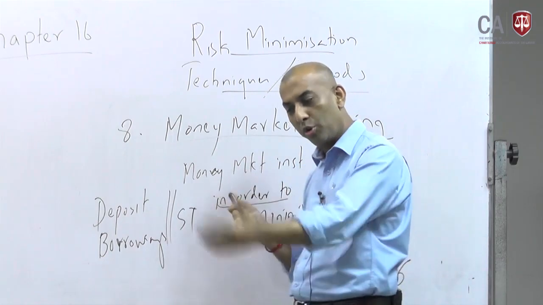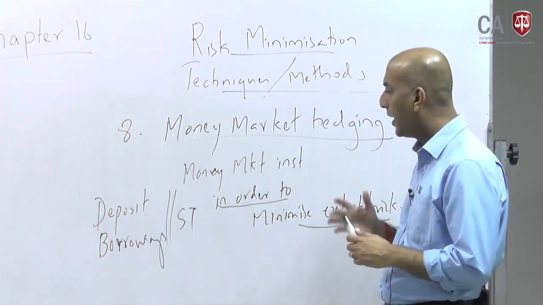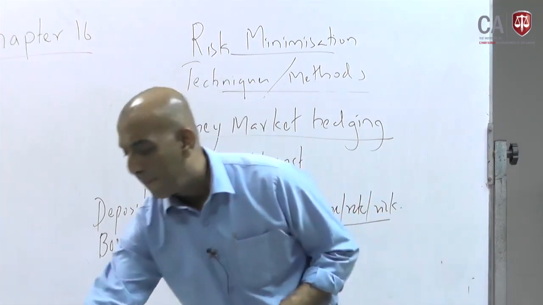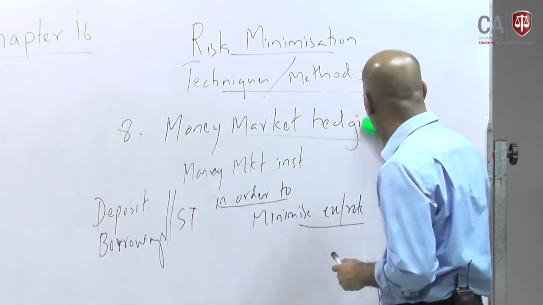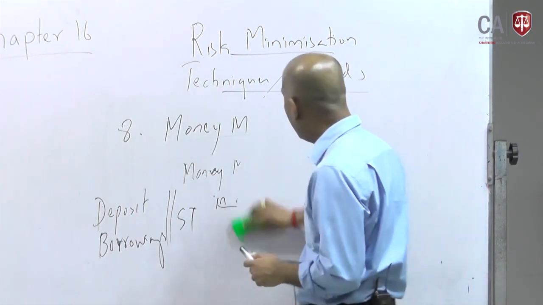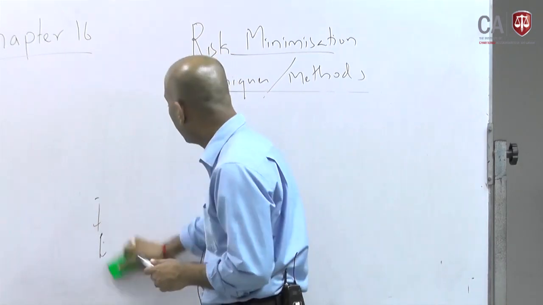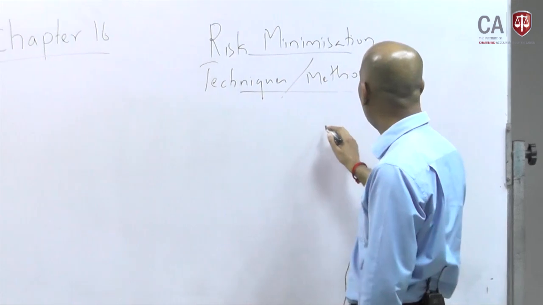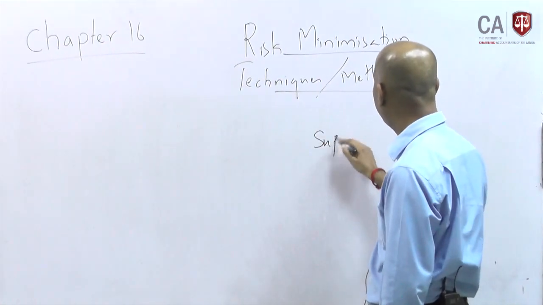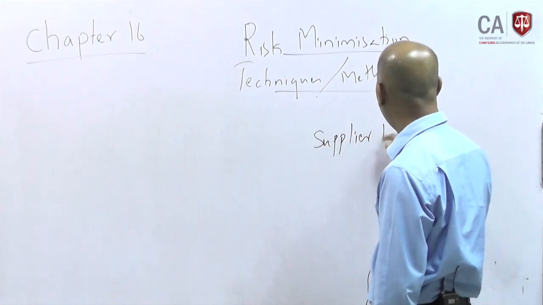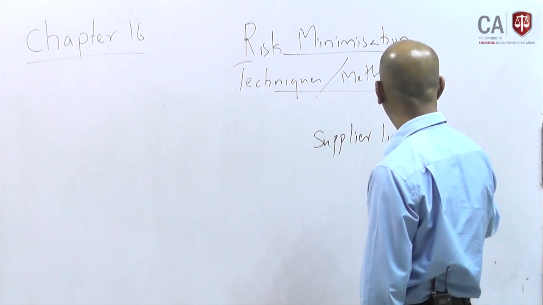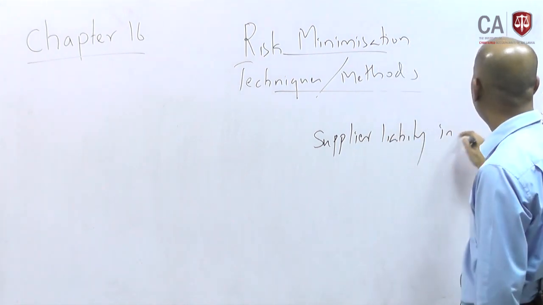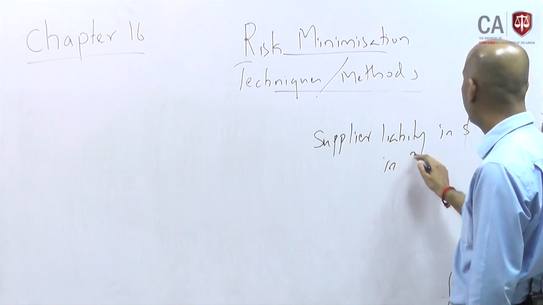I would like you to go through the notes. You are trying to create an asset against a liability in foreign currency. Finally, what you need to know is that you will have a supplier liability in dollars in 3 months time.